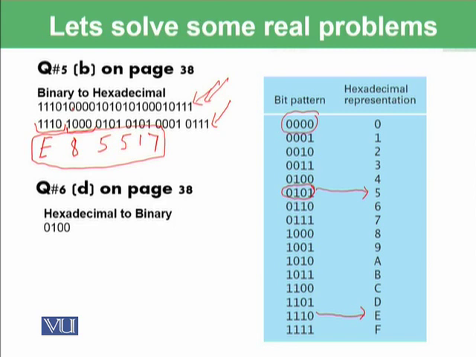Similarly, there is another example where we want to convert hexadecimal to binary. So we have 0100. When we want to convert hexadecimal to binary, then you want to come from here to here. So in hexadecimal, you need to see where is 0. It's here.